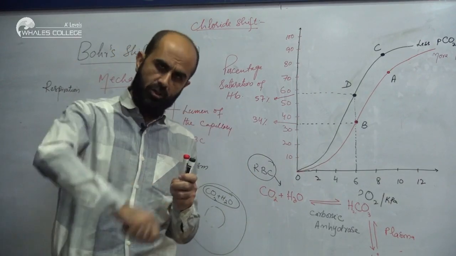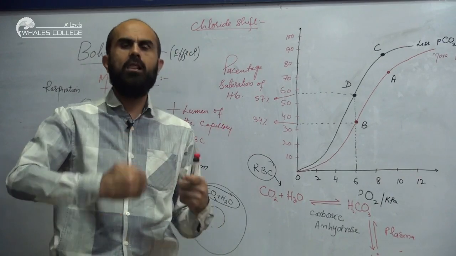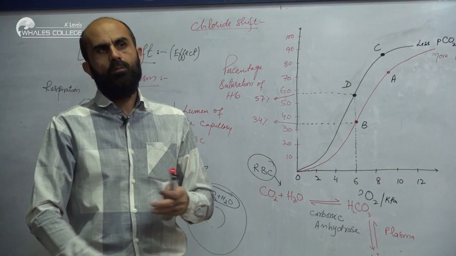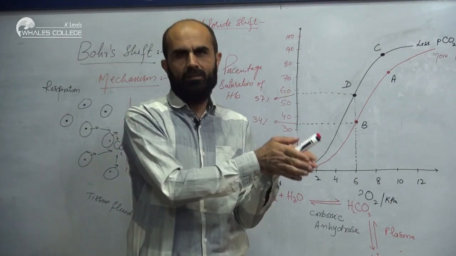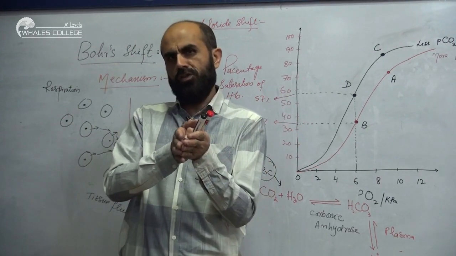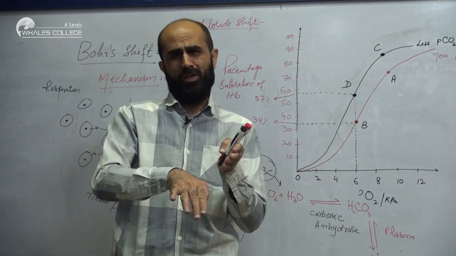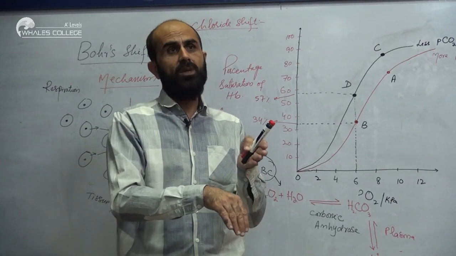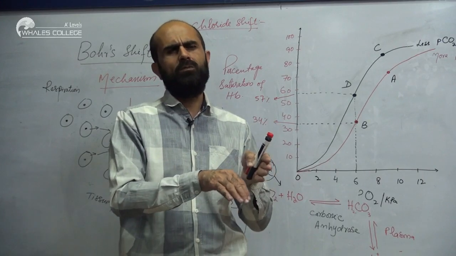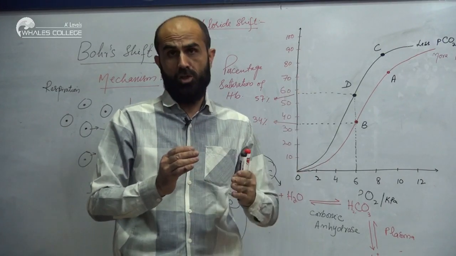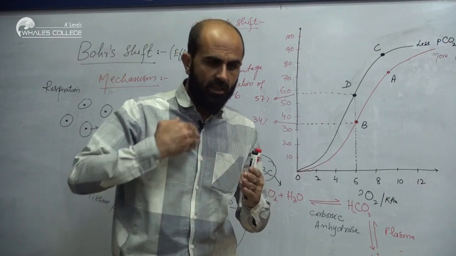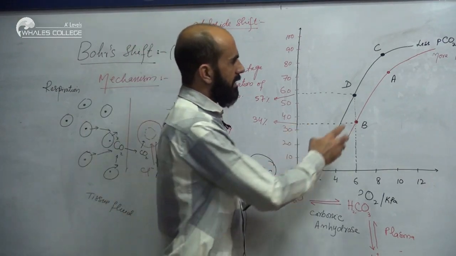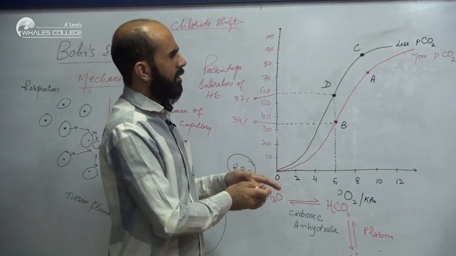Higher dissociation means more unloading of oxygen and more oxygen available for the tissue to respire. Resting muscles have a lesser demand for oxygen because there's a slow rate of respiration, so we do not need as much dissociation, because dissociation means unloading of oxygen. So let's talk about these two curves.